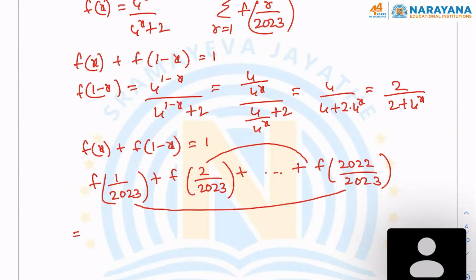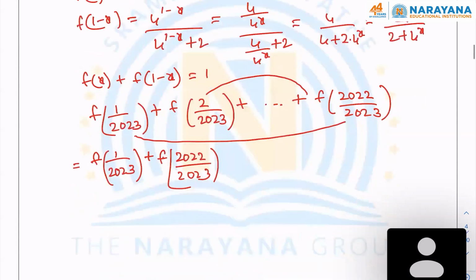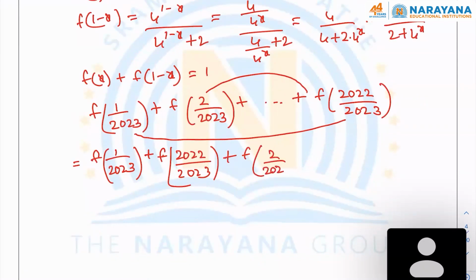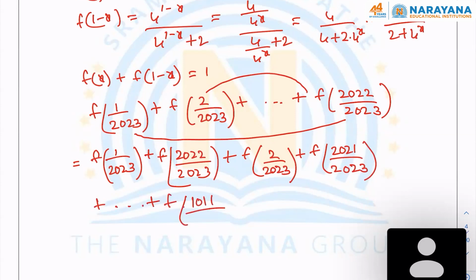So let us check how many ones we will get. So f of 1 by 2023 plus f of 2022 by 2023, plus f of 2 by 2023 plus f of 2021 by 2023, so on up to f of 1011 by 2023 plus f of 1012 by 2023.